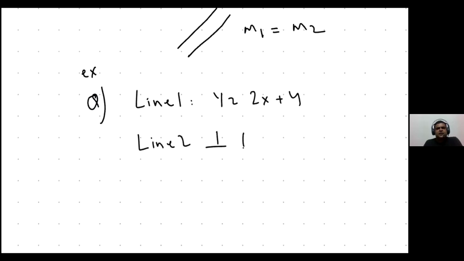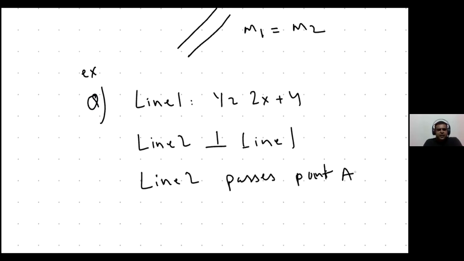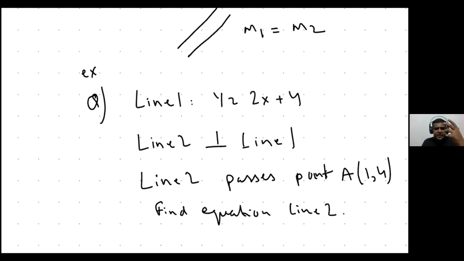And they also say that line 2 passes through point A at 1 and 4. And they ask us to find the equation of line 2.